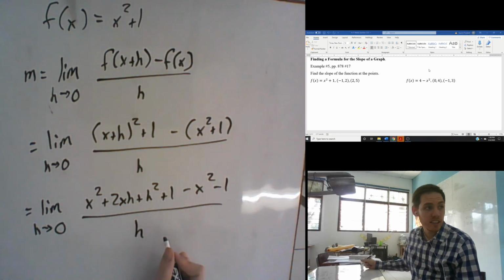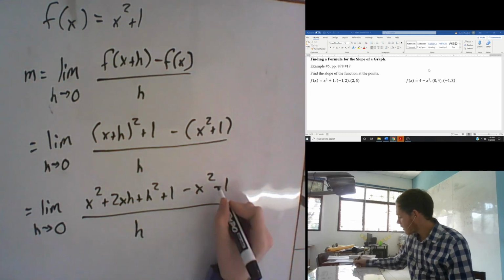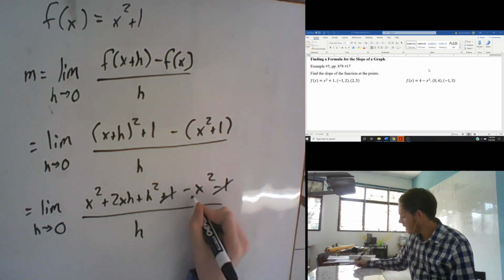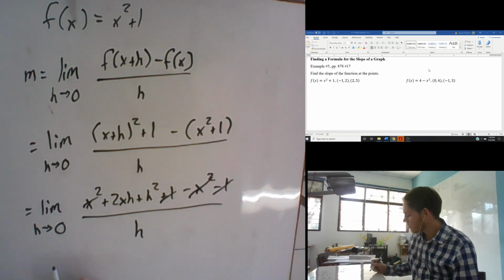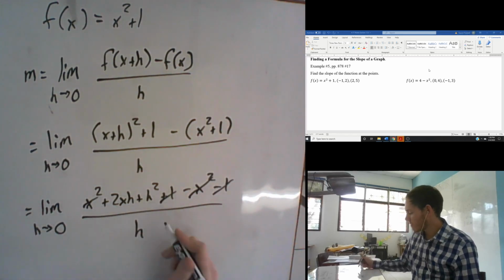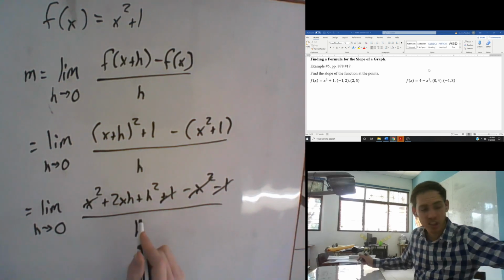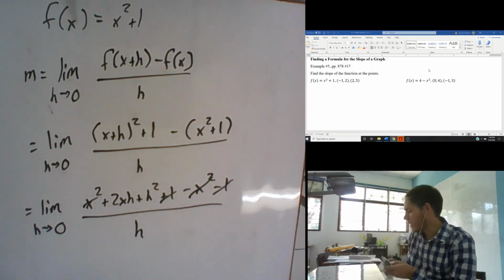Can we cancel anything? Yes. The 1's cancel and the x squareds cancel. So what is left is going to be 2xh plus h squared over h.